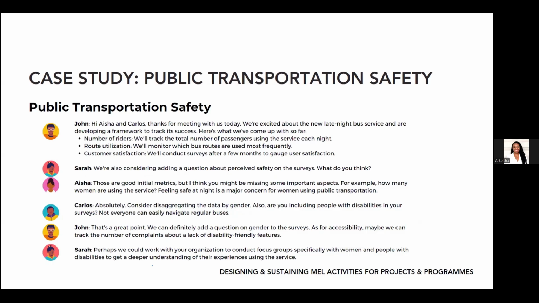Okay, so we have four characters here. Do we have any volunteers who would be open to reading the script for any one of these? Or is it better for us to select individuals? I see a hand raised. Elizabeth Ford, yes, please. Thank you so much. Which character would you like today? I think I'll take Sarah.